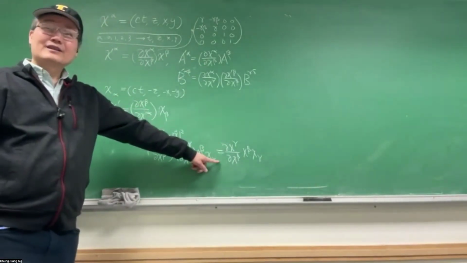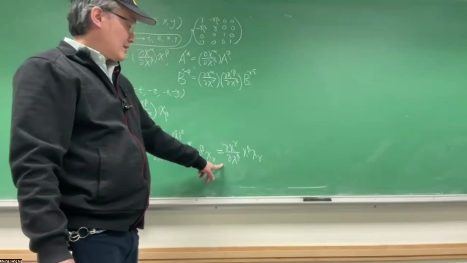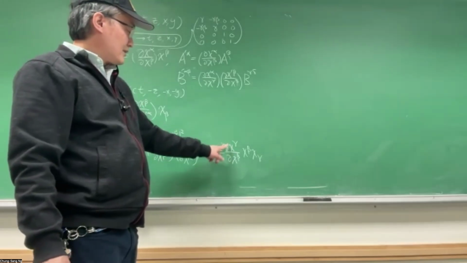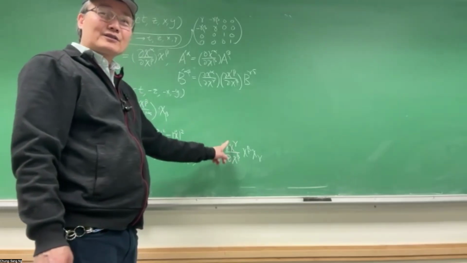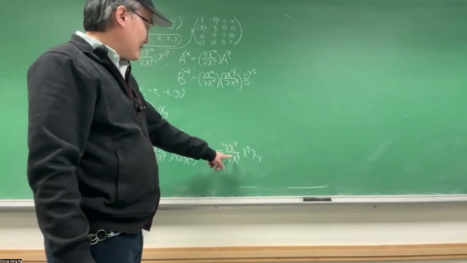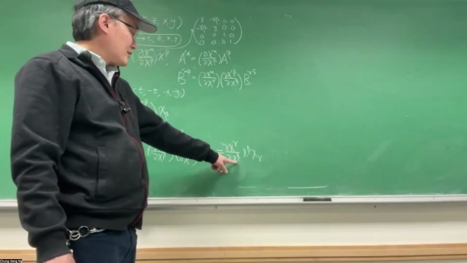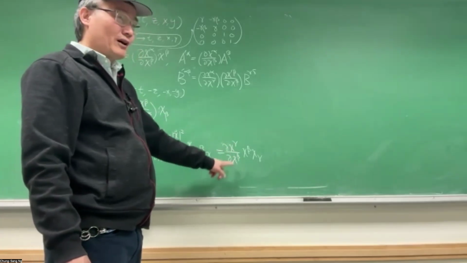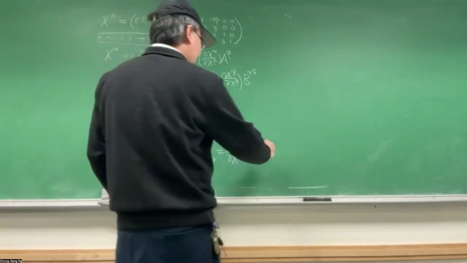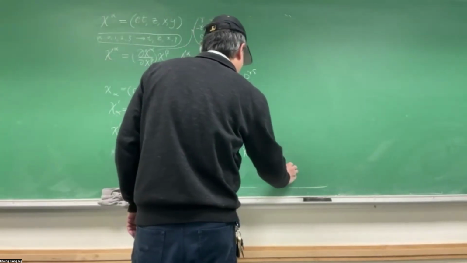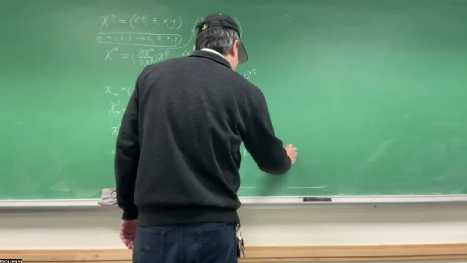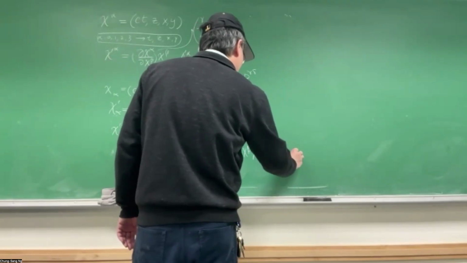Take this object. Remember that? That's just a Kronecker delta. So it would be 0 if they are not the same, and obviously 1 if they are the same. But in this notation, the Kronecker delta actually has one subscript and one superscript.